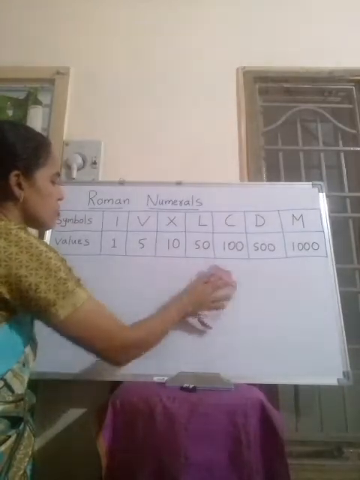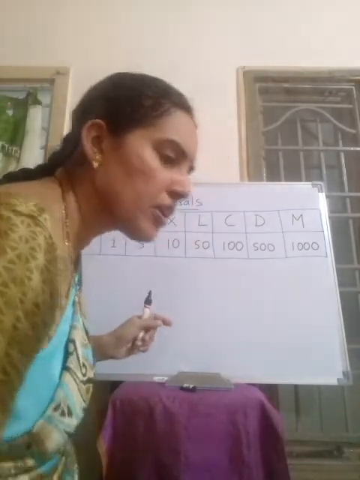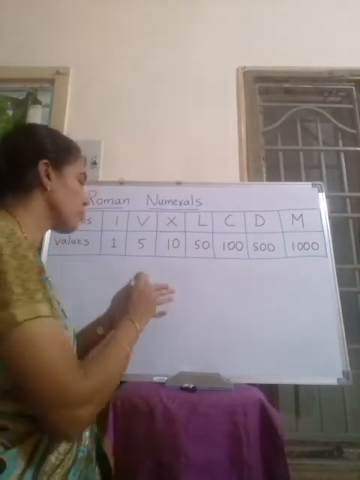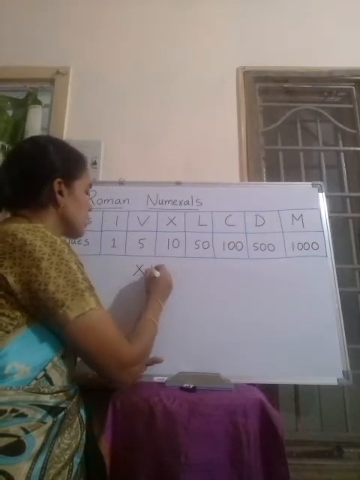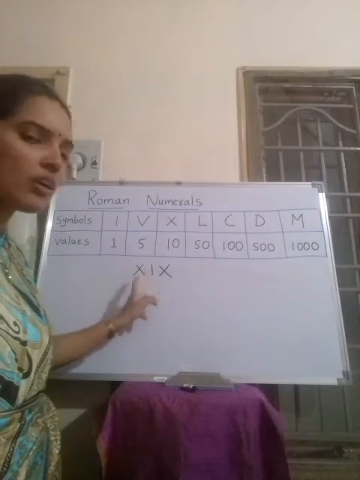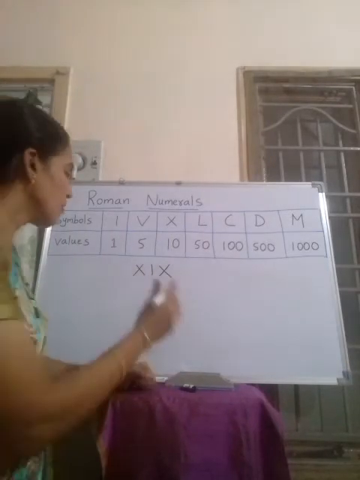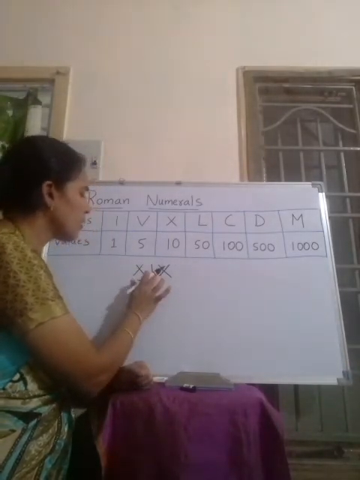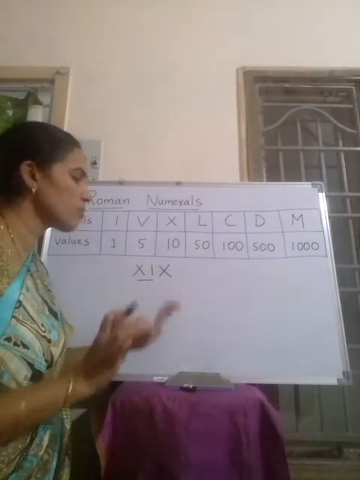And finally, last point, if any small symbol is written in between two large symbols, for example IX, the smaller symbol is there in between two large symbols, then we have confusion whether we should add this I value to this X or we should subtract.